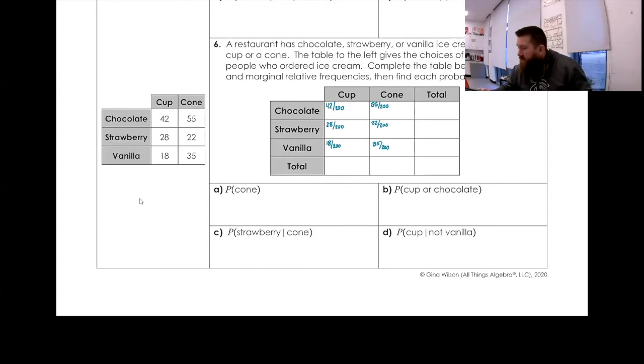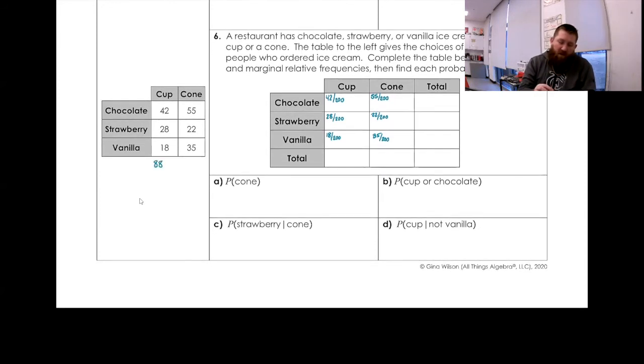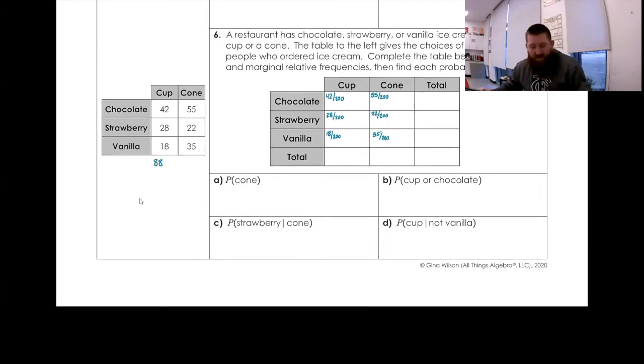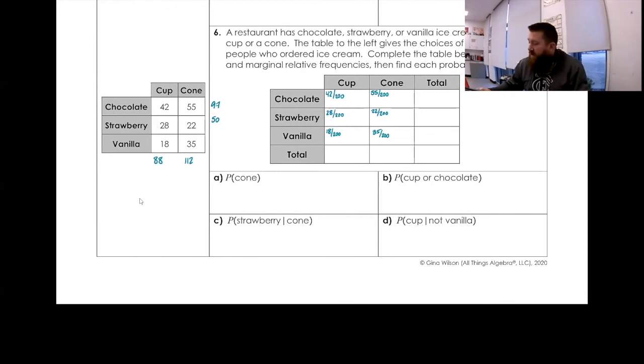42, 28, and 18, we add those together. We know 88 people want a cup. 55, 22, and 35, 112 wanted a cone. 42, 55, 97 wanted chocolate. 28 and 22, 50 wanted strawberry, and then 18 and 35, 53 wanted vanilla, right?